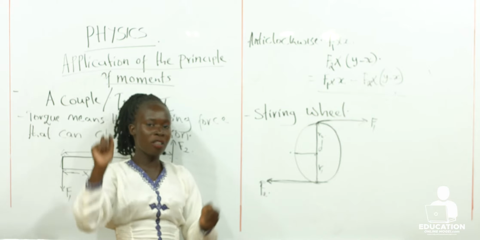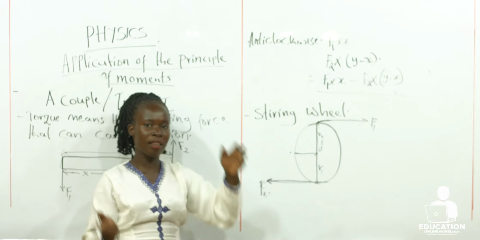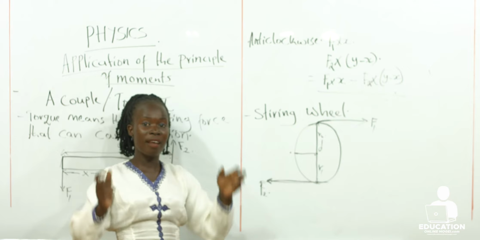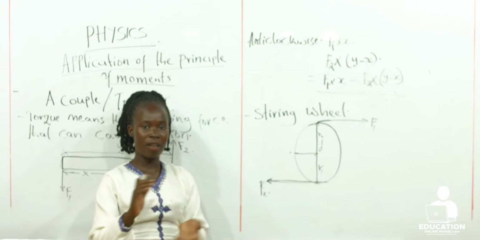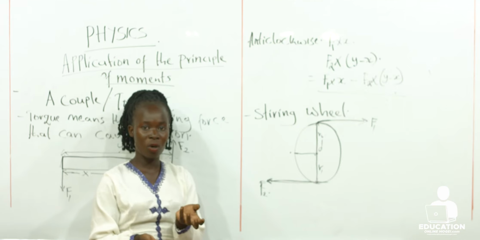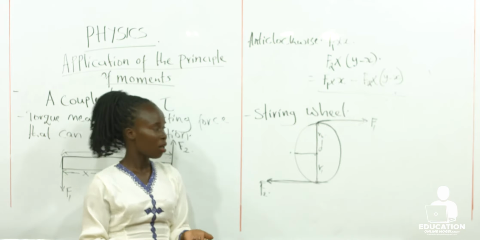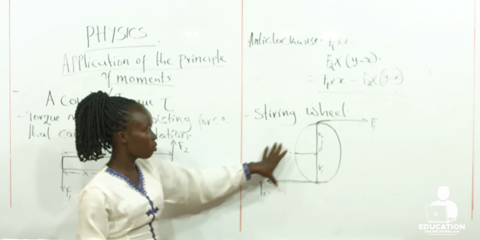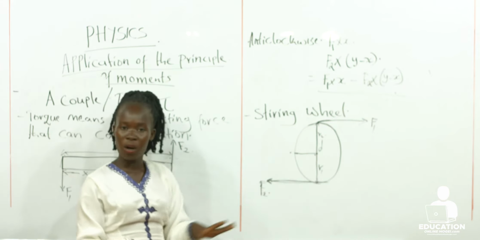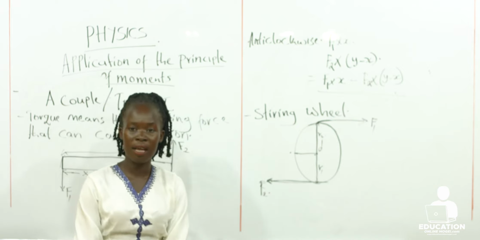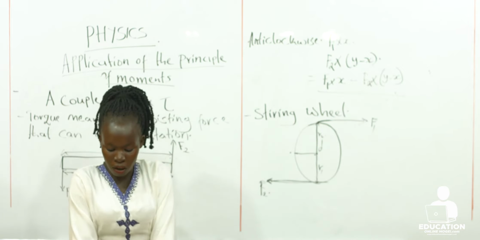That's why you see when people are driving, they go this way and then again this way. They are trying to balance the car. Because if you don't do that, you can easily slide off the road. So that is how the steering wheel works. We are going to see more of this calculation when we reach the moment of a couple.